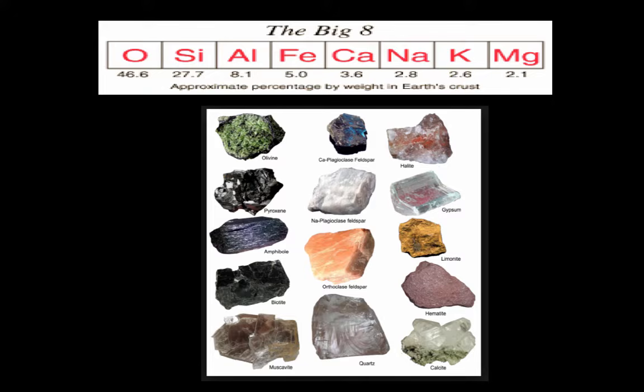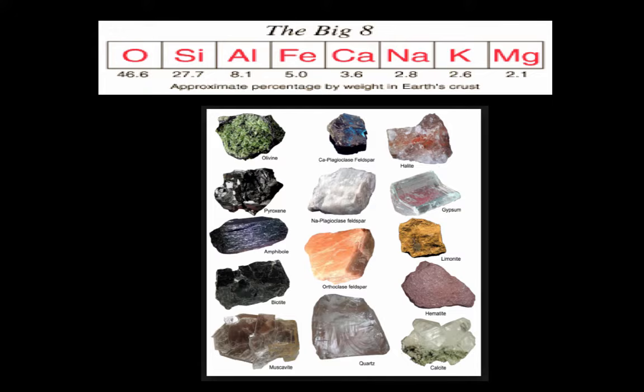Silicon, oxygen, aluminum, iron, calcium, potassium, magnesium, and sodium are the most common elements that we find on Earth's crust. They call them the Big 8, and they make up all of these minerals that we're seeing down here below. If you remember from our last video lecture, in our groups, our silicates are the most common.